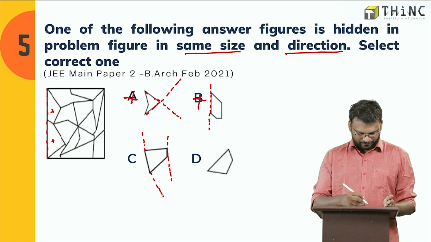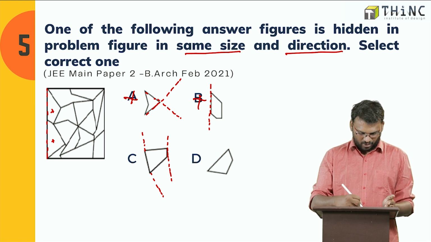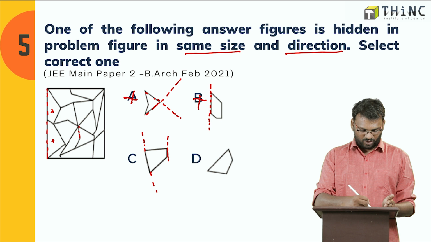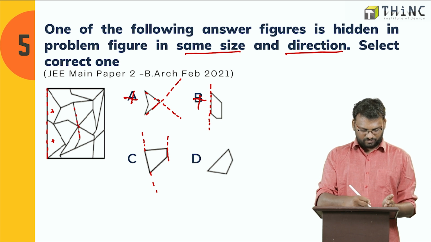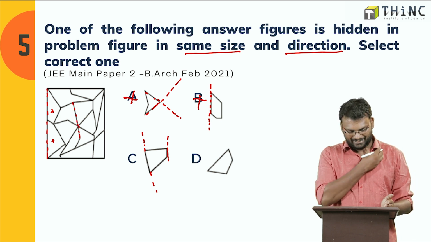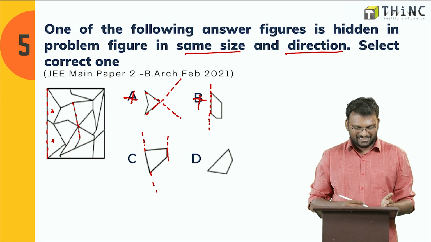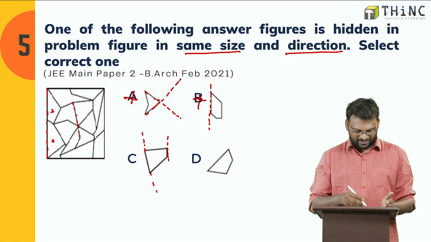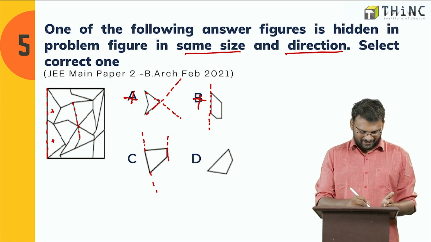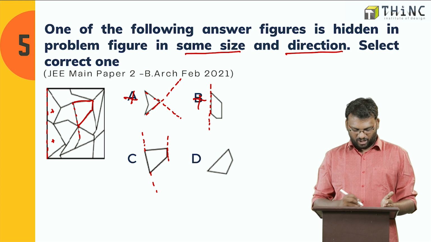When you observe here, you can find a line with a similar slope, like this. So the slope is meeting over here. We can observe some sort of area around here. So it is almost matching option C.